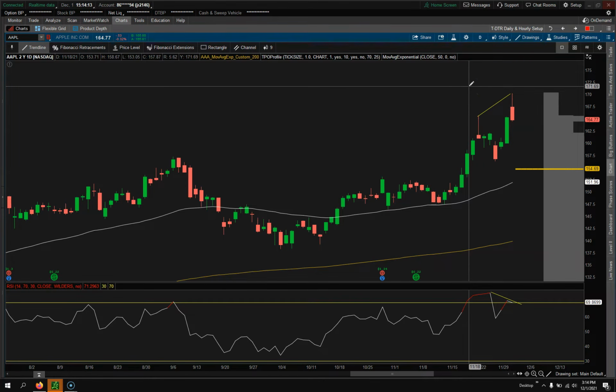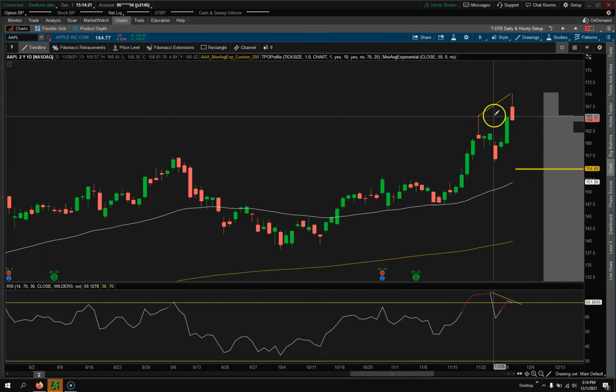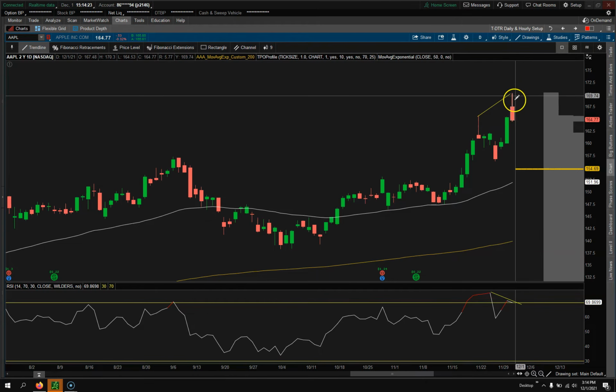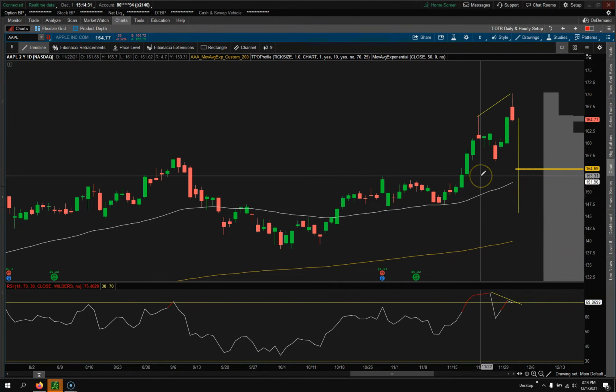The logic behind it is that it's trapping people. Everybody gets short, price takes out new highs, all the shorts cover, and then everybody's long again. Then it reverses, has the divergence, and you see a big swoop. So just be aware of this when things don't work.